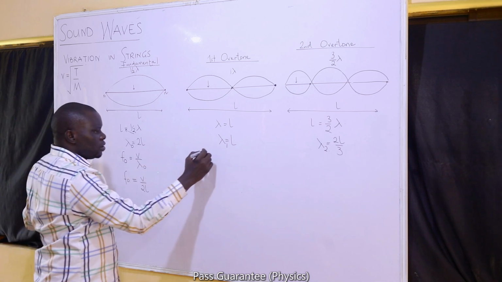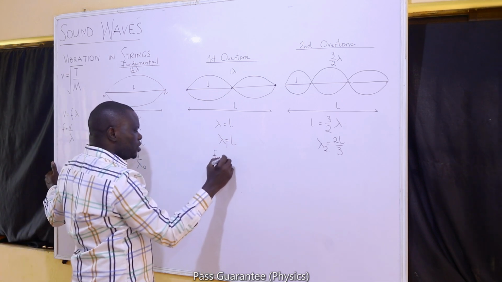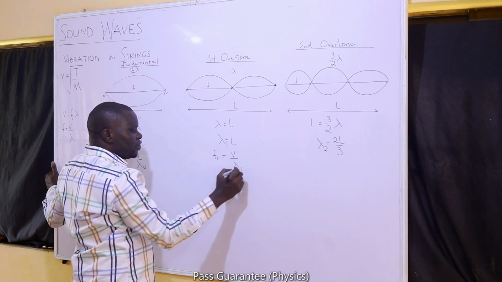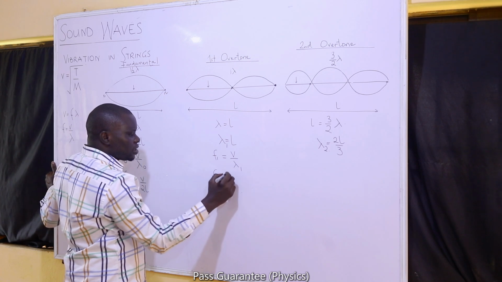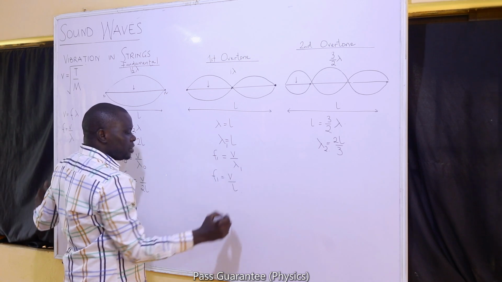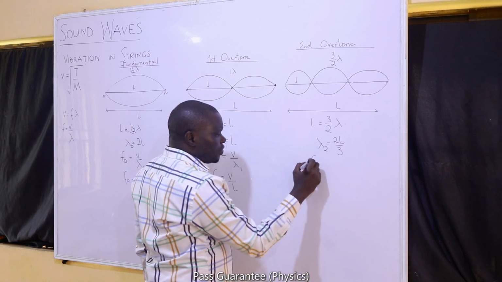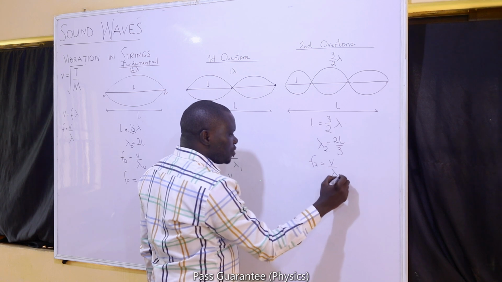I'll continue. The frequency I'll get from the first overtone must be the frequency of the first overtone, and that should be V all over the wavelength of the first overtone, so the frequency of the first overtone is equal to V all over L. If I continue, the frequency of the second overtone must be V all over the wavelength of the second overtone.